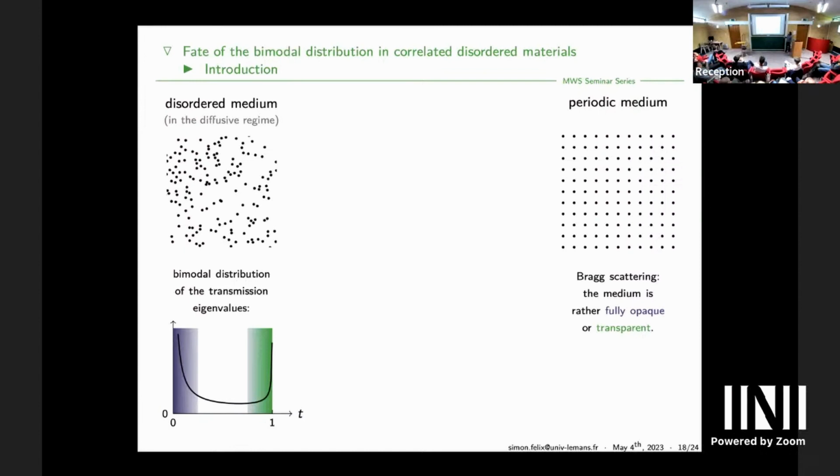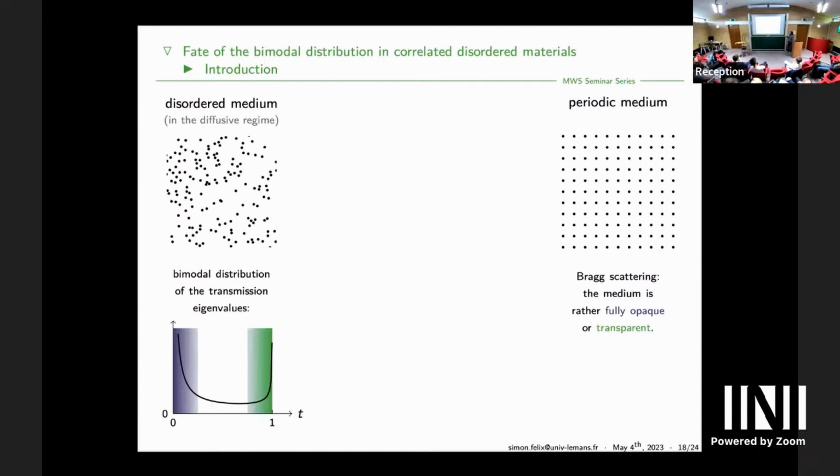In this diffusive regime we have this distribution of eigenvalues which are associated either to fully reflected waves or fully transmitted waves, or at least strongly reflected and strongly transmitted. In a perfectly regular medium, for example a periodic medium, we are in the Bragg scattering regime, meaning that, to say it simply, the medium is fully opaque or fully transparent, depending on whether we are in a transmitting band or in a gap between two bands.